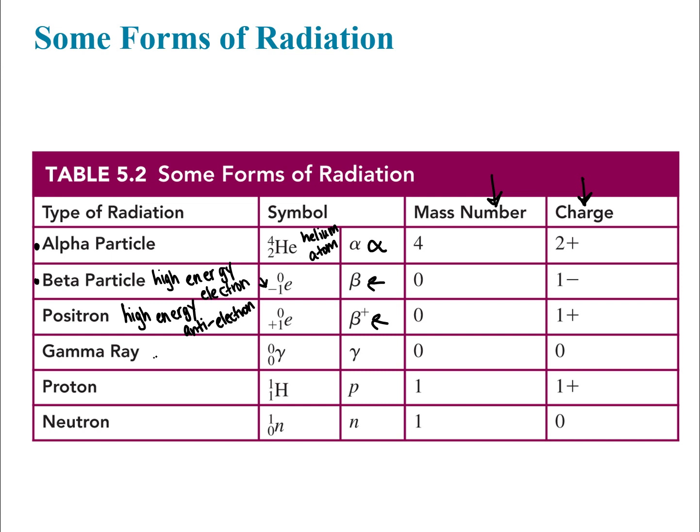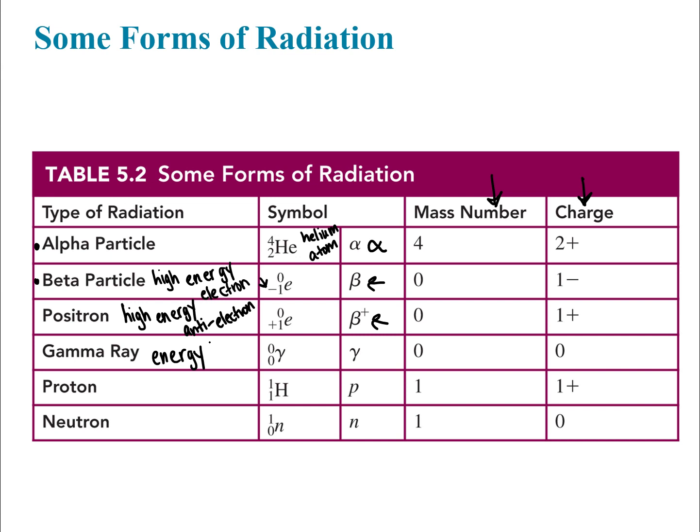Gamma rays are just pure energy. So when you emit gamma rays from a nucleus, you're not changing anything about the atom, you're just releasing energy. You can also release protons and neutrons.